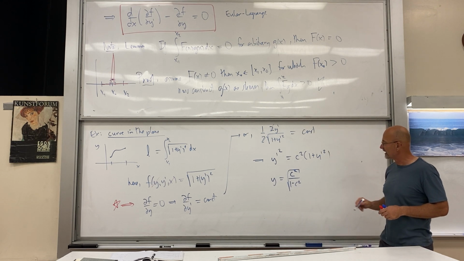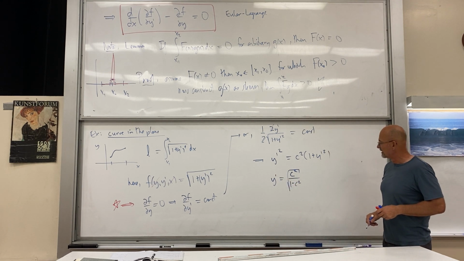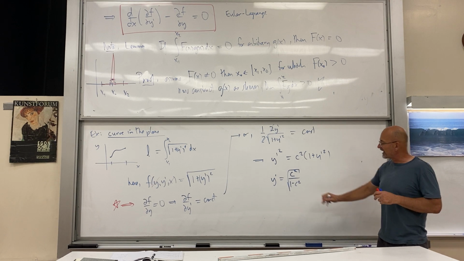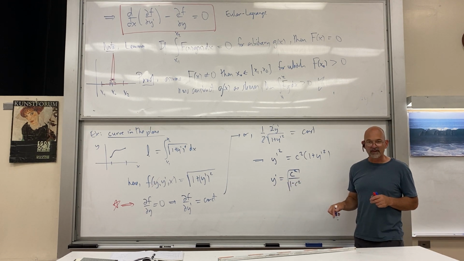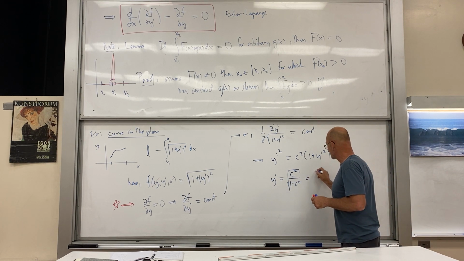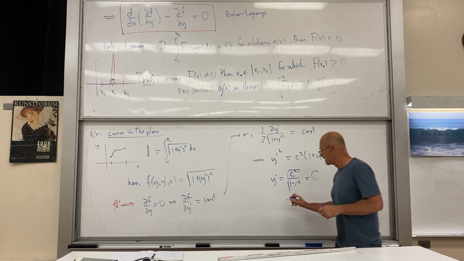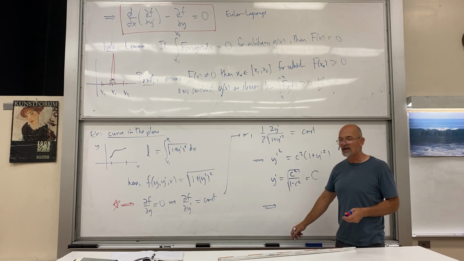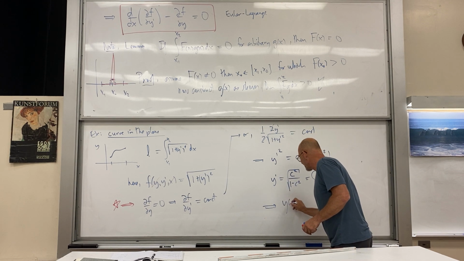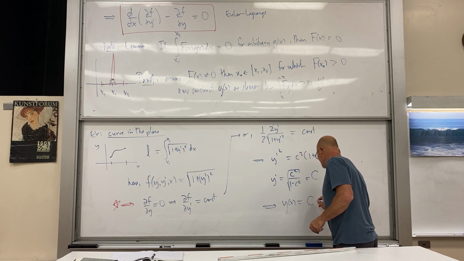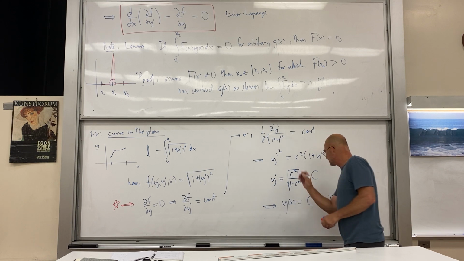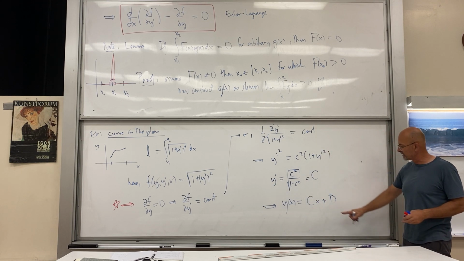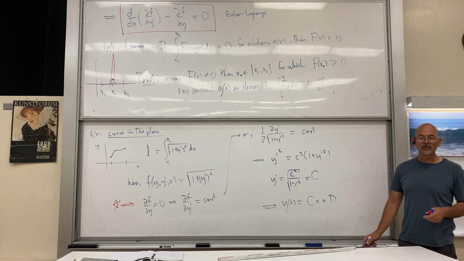If I did that right, the point is I can just solve for y prime and I find it's a constant. I'll call it capital C. And now, that's a differential equation that we can solve. y of x is equal to Cx plus d, another integration constant. And what is that but the equation of a straight line?